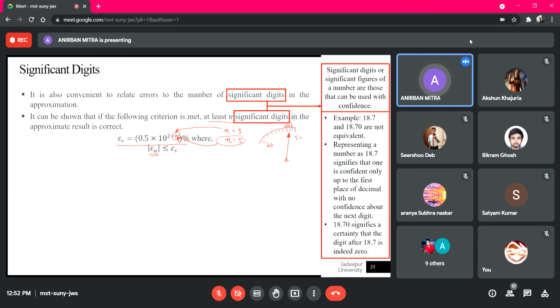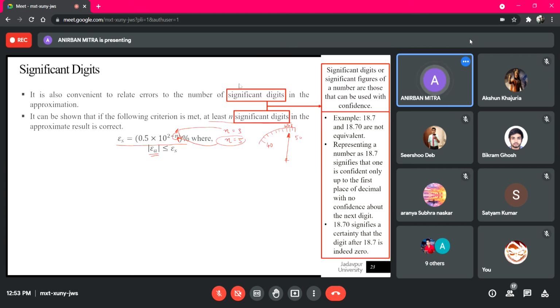It is more than 47. It is less than 48. That we can see. But it is very close to 48. So we are confidently saying that it is 48. If it was right at the middle of 47 and 48, then you could have said that this is 47.5.